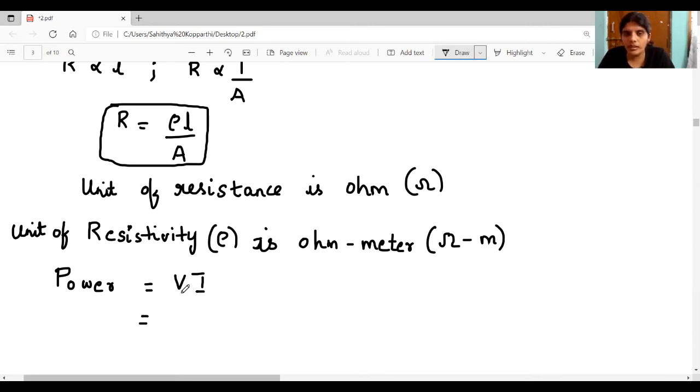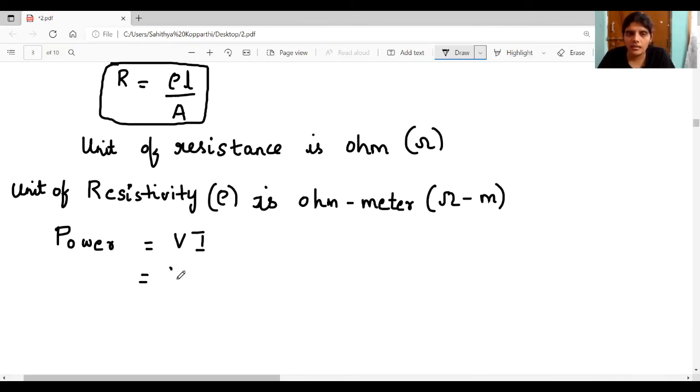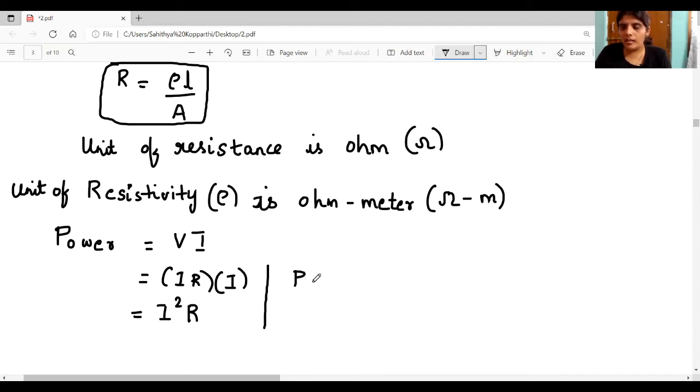From Ohm's law, in the place of V, from equation 1, I can write I into R into I. So it becomes I square R, or from equation 2, in the place of I, I'll write V by R. So it is V square by R.